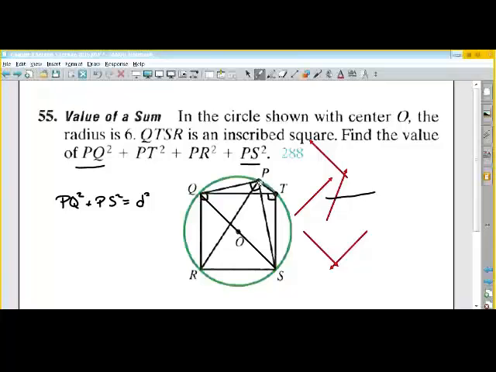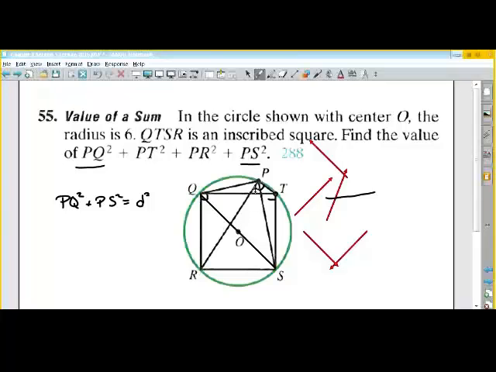And then I need PT, which is this, and PR, which is that. So that's the other right triangle, actually. You can draw a line from T to R that goes straight through the middle. So this is 180 degrees. Therefore, this angle right here is 90 degrees.